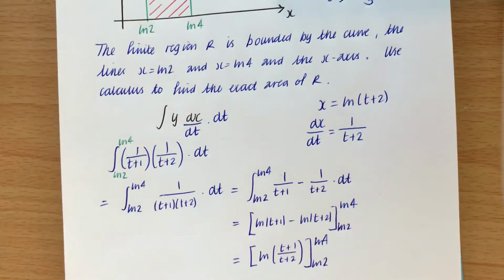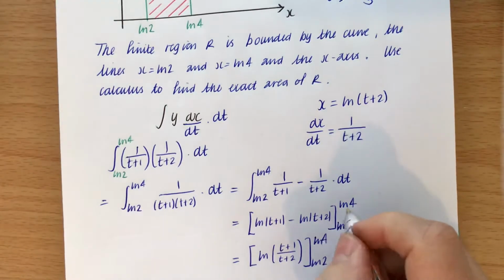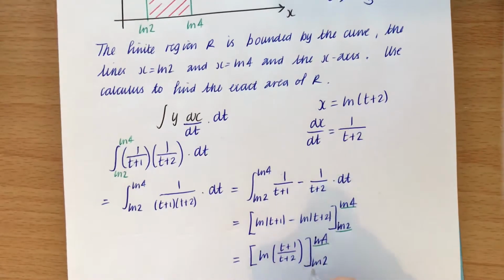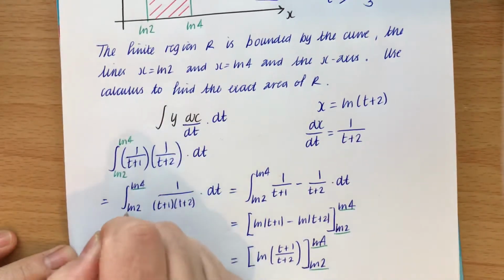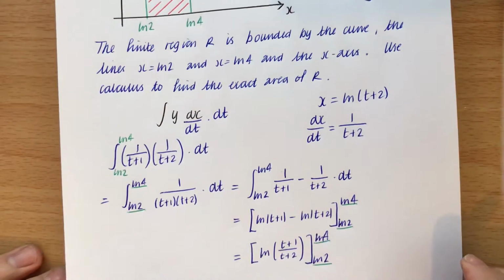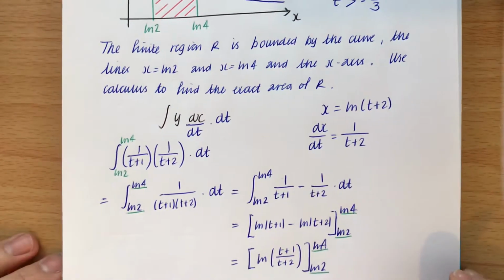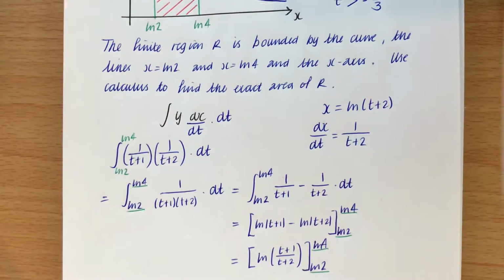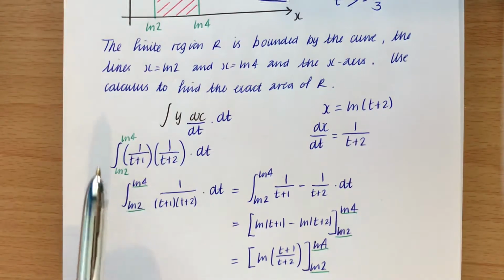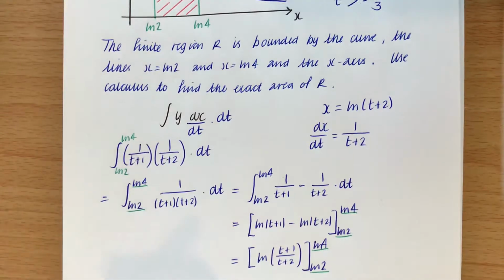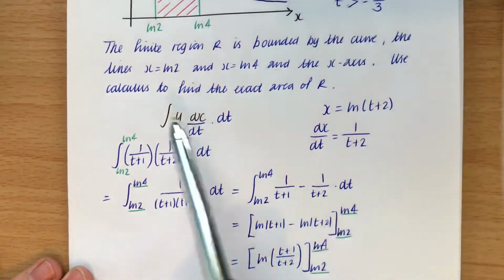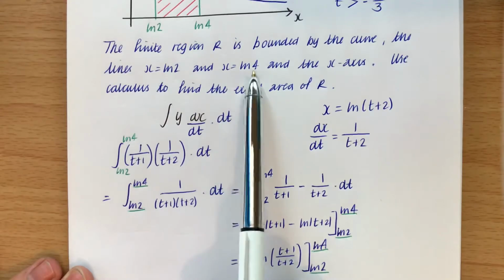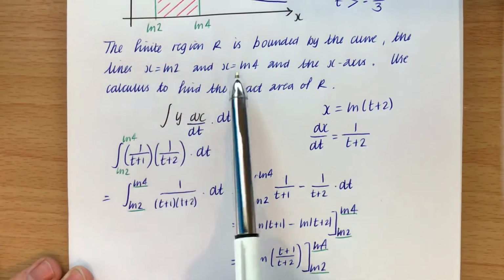Now, I've been a little careless here in my working, and it's easily done. I'm not going to re-record this, I'm just going to point out my error. You might have been saying all the way through that I've been making this error. These log 2s and log 4s, if we go back to the question, are the limits in terms of x.